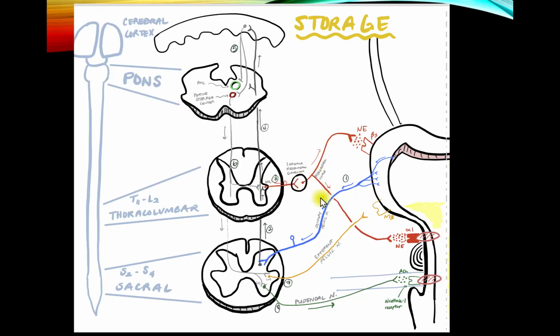And so we have norepinephrine on the detrusor via beta-3 receptors and on the internal urethral sphincter via alpha-1 receptors. And both of these act to avoid voiding. I'm trying to make a pun there, but so if we activate here norepinephrine on beta-3 receptors, that relaxes the detrusor. And the activation here actually ends up contracting the internal urethral sphincter.